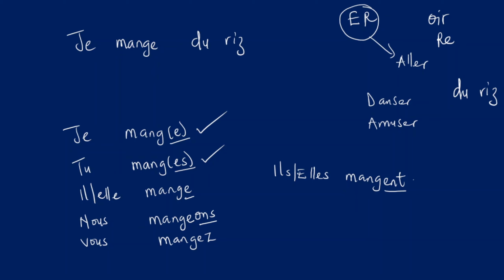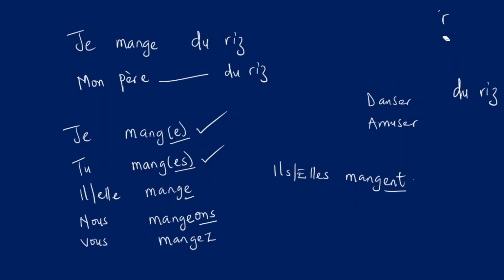Okay, je mange du riz, right? I eat some rice. But what if, let's say, they want to use this as a sentence? Maybe they say, mon père dash du riz, right? More like my father is eating rice.